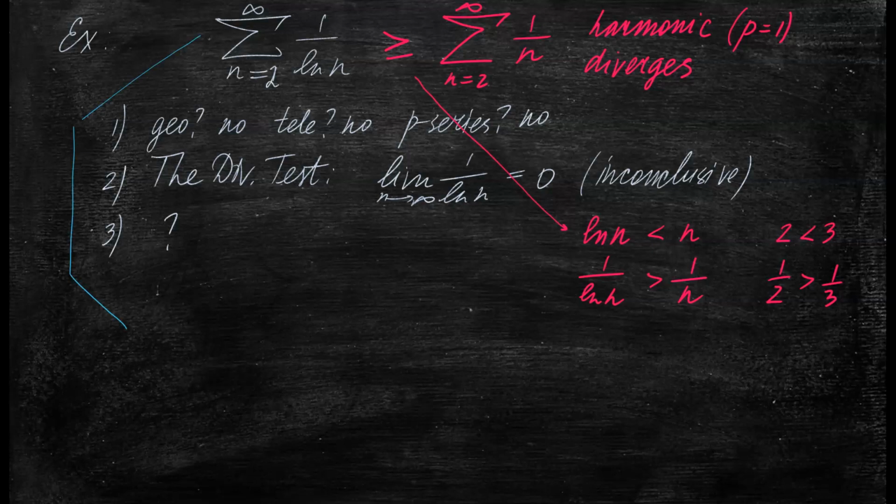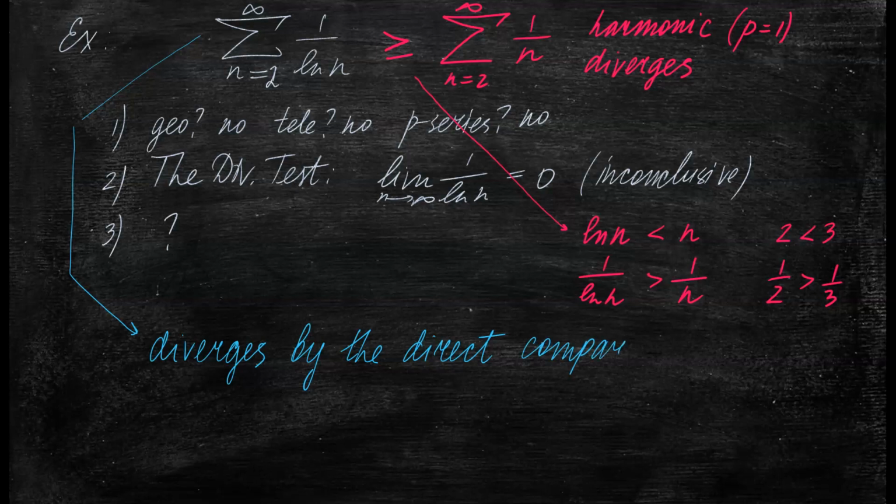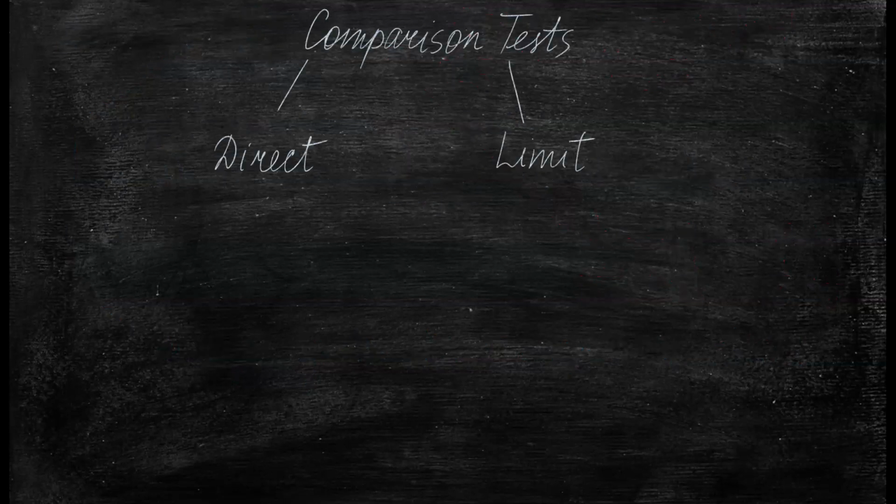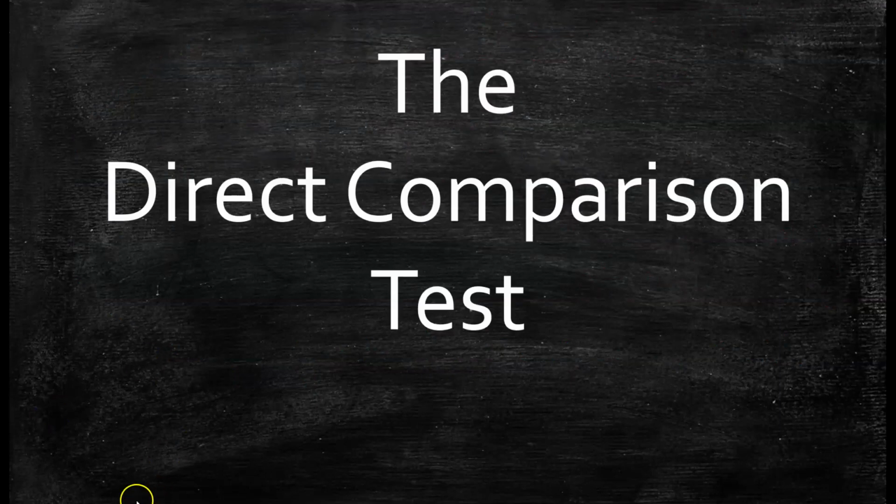That means the original series also diverges, and this way of argument is called the direct comparison test. So the conclusion is diverges by the direct comparison test. So we learned one of the two comparison tests called the direct comparison test.